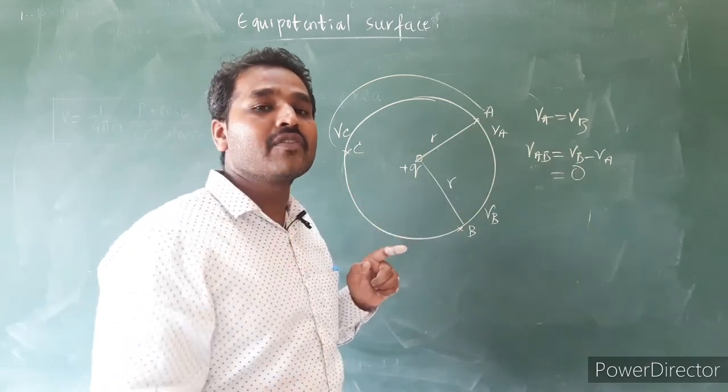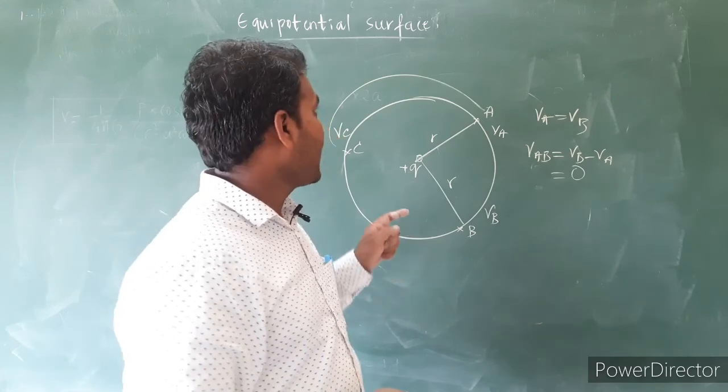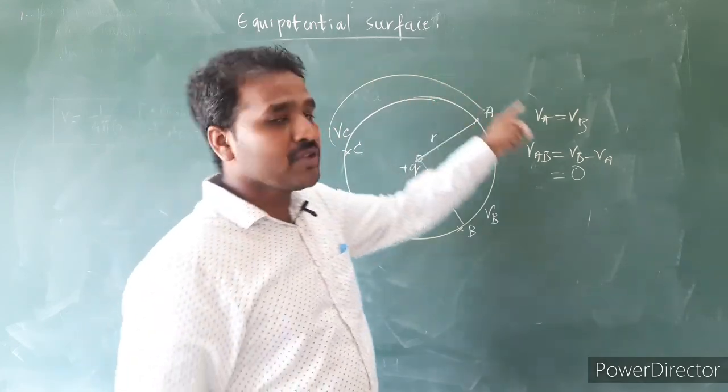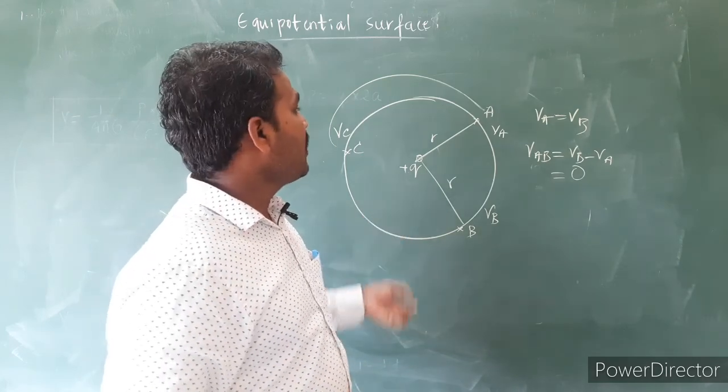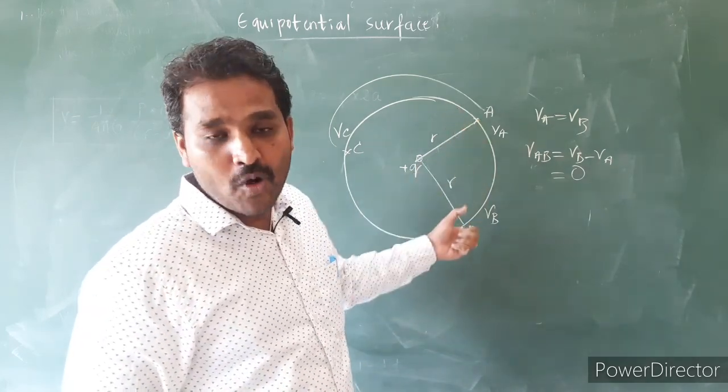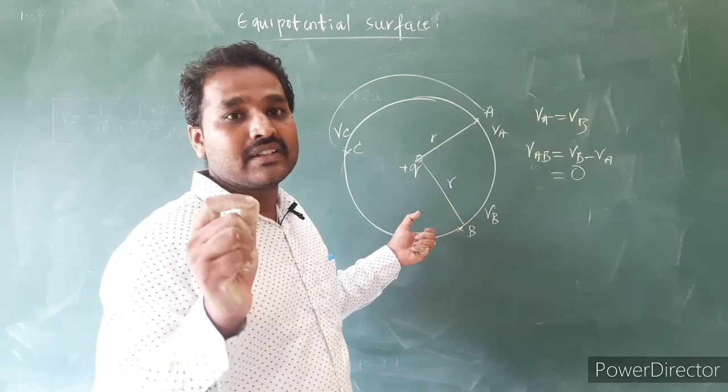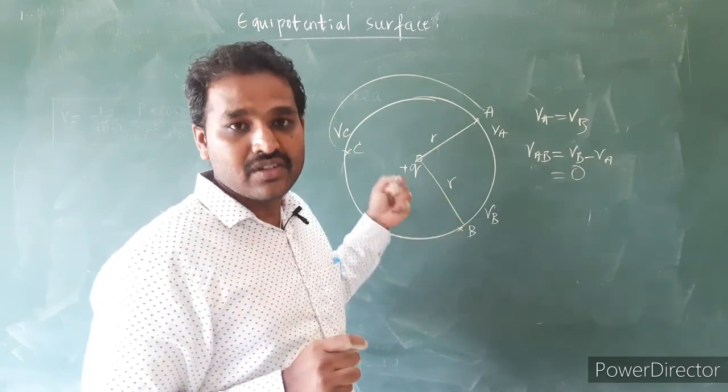So, this is another way of defining equipotential surface. I can say equipotential surface is a surface on which any 2 points have the electrostatic potential difference 0.